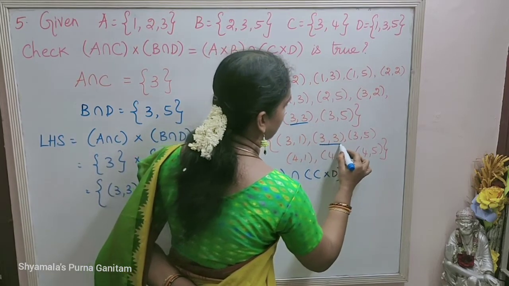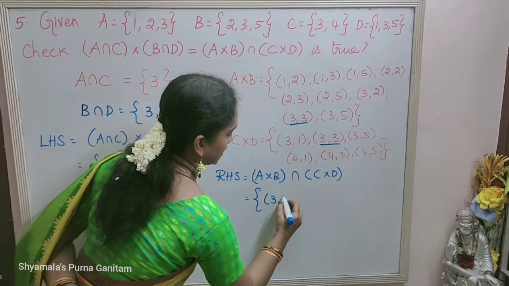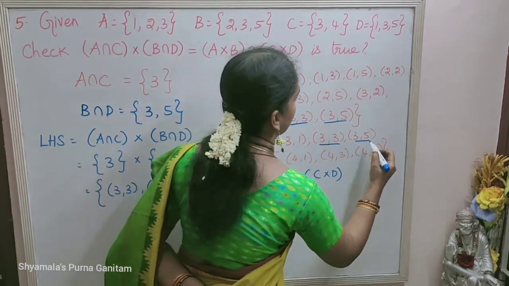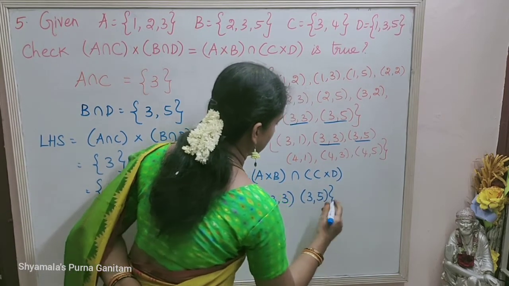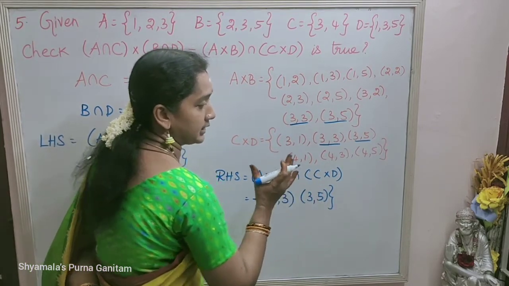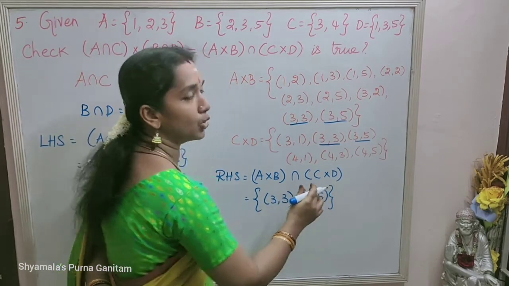So here (3, 3) is common to both. So we will write that first. First common is (3, 3). Next one is (3, 5). So these are the two ordered pairs that are common to both these things.